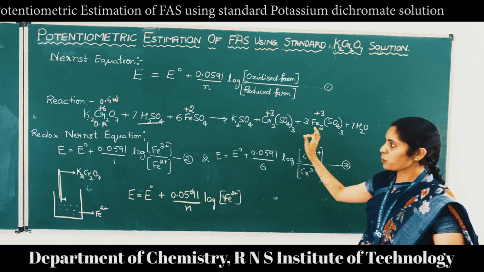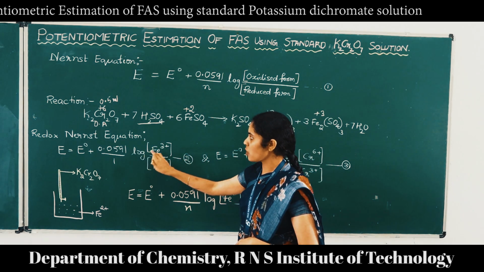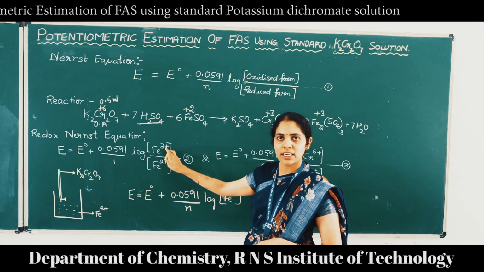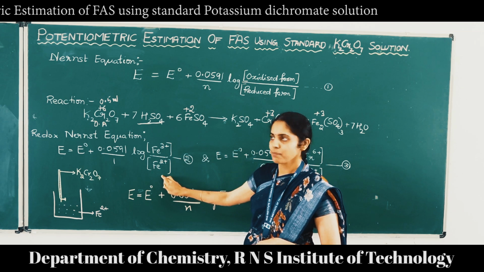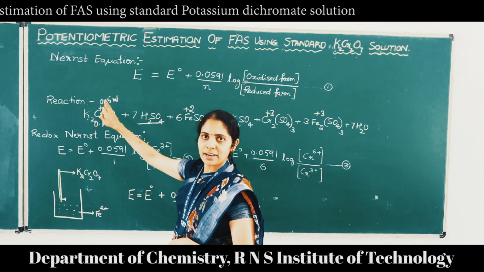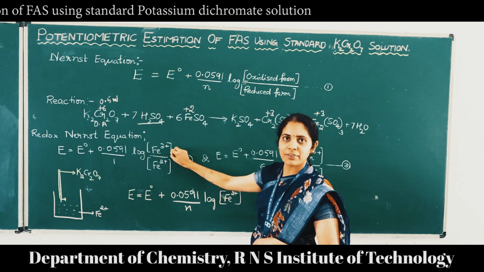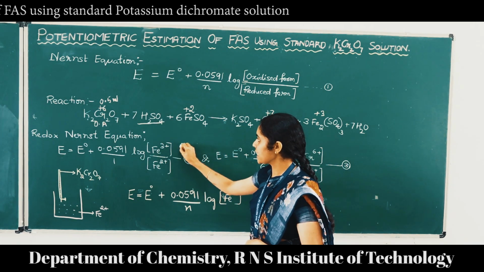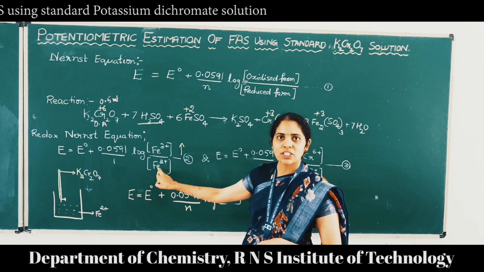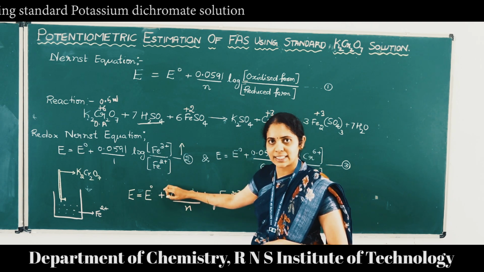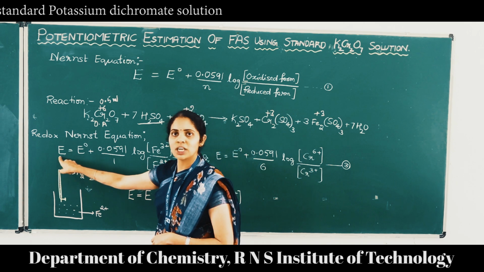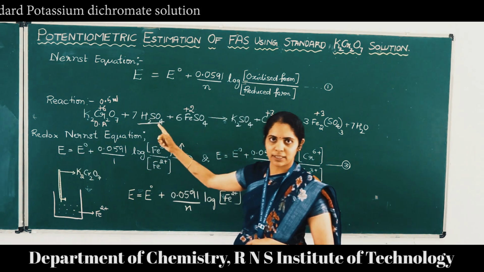So the potential generated is because of the concentration of Fe3+ to Fe2+ ions. As you keep on adding 0.5 ml of K2Cr2O7, the concentration of Fe3+ ions increases and the concentration of Fe2+ ions decreases. That is why the potential value will keep on increasing.